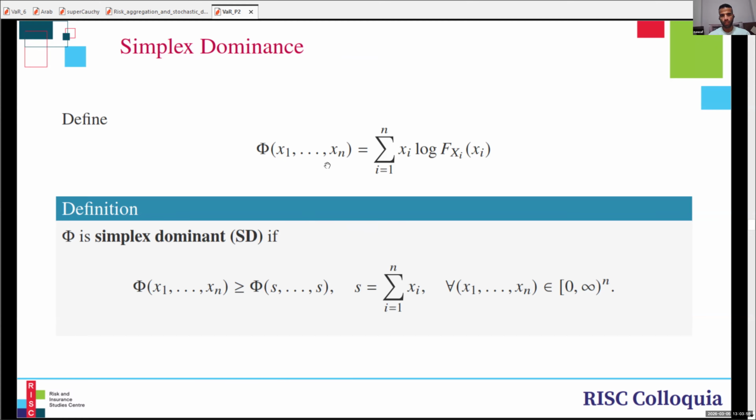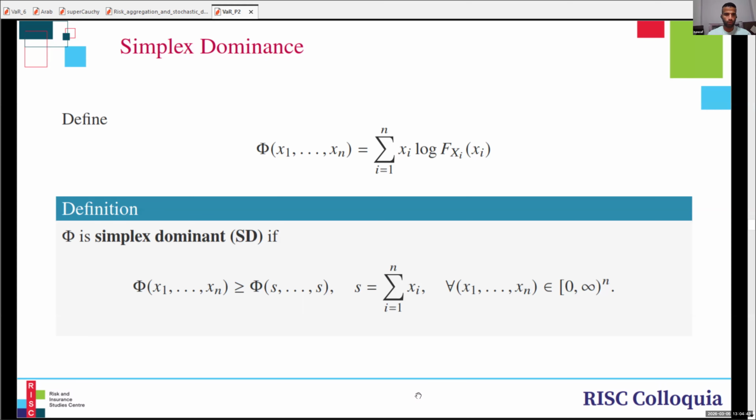If we define the function phi that takes in x1 to xn, gives us a negative number, and we define it to be the sum of xi times the log of the CDFs, then we say phi is simplex dominant if phi of all of those x's is greater or equal than phi of s in every input, where s is the sum of all of those x's. So if this function satisfies this property, that phi of x1 up to xn is greater or equal than phi of s all the way to n, then we call it simplex dominant.